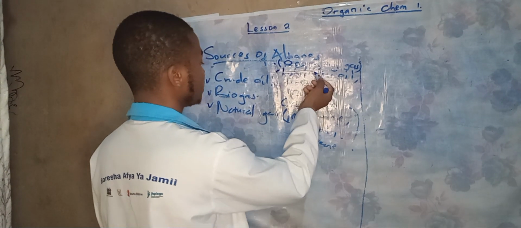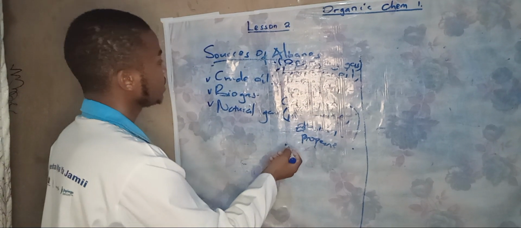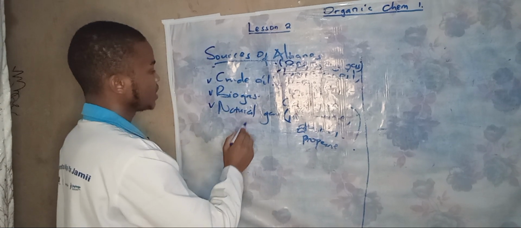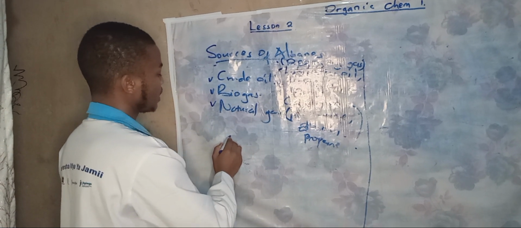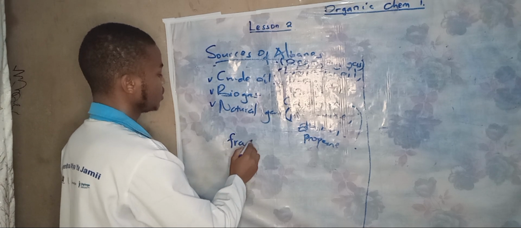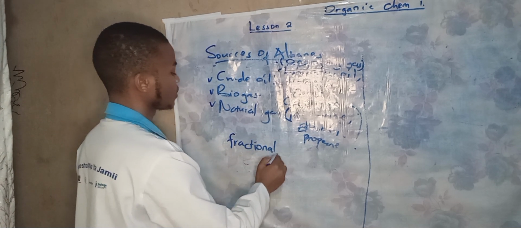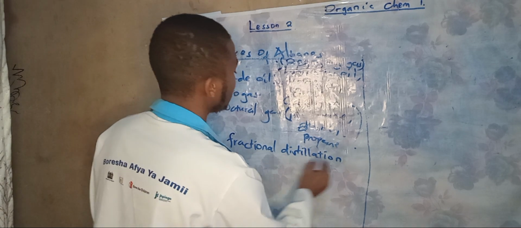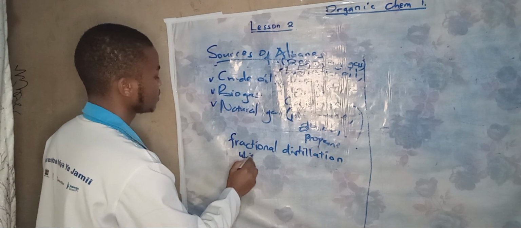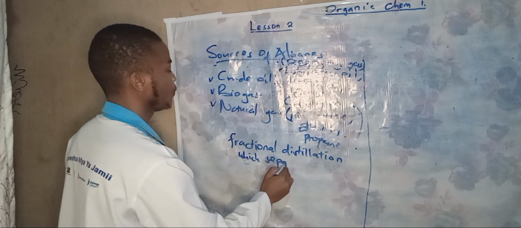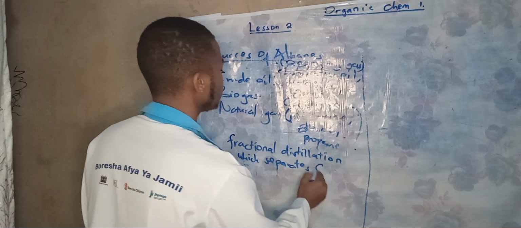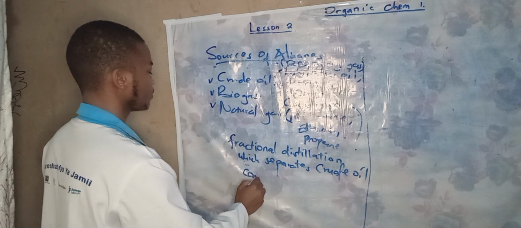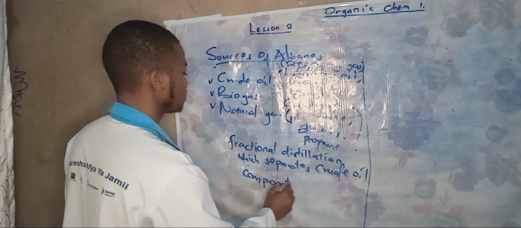So this is where we have these alkanes in refinery gas. For us to obtain refinery gas from the crude oil, there's a method that's called fractional distillation, which separates the crude oil components.